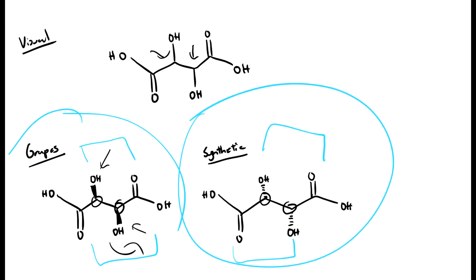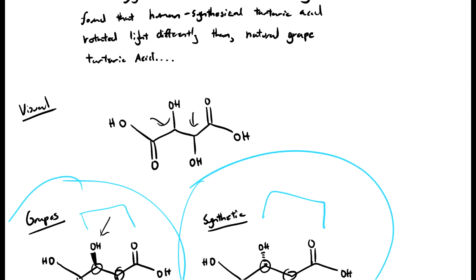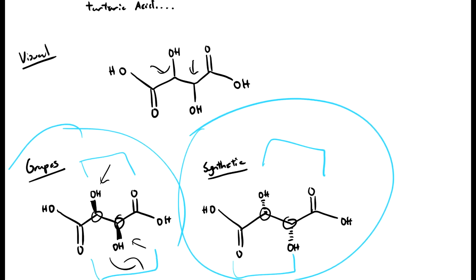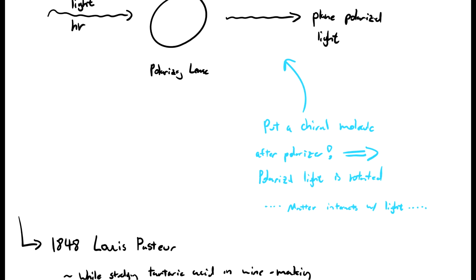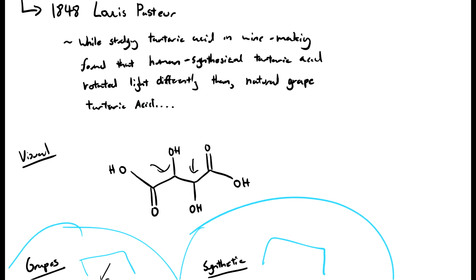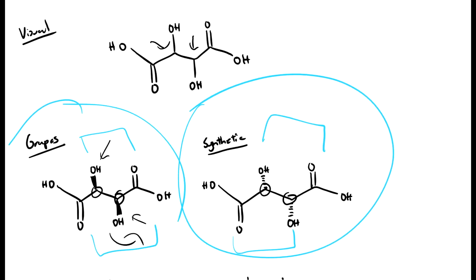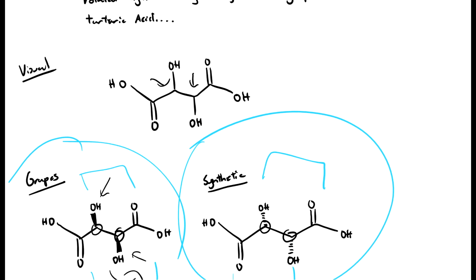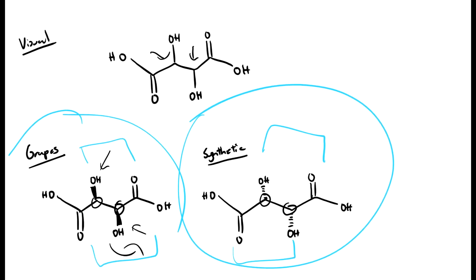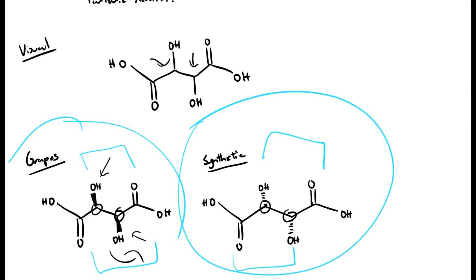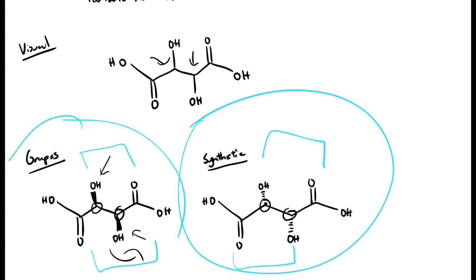Now that we know that these are enantiomers, how does mixing them affect the rotation of light? We know that chiral compounds can rotate light. Come to find out, when Louis Pasteur synthesized tartaric acid, and you'll really figure out why this happens, he essentially got a 1-to-1 ratio of this synthetic structure and the naturally occurring structure.